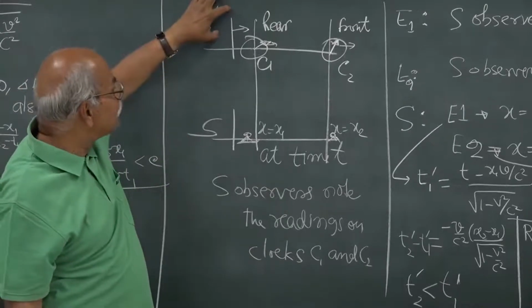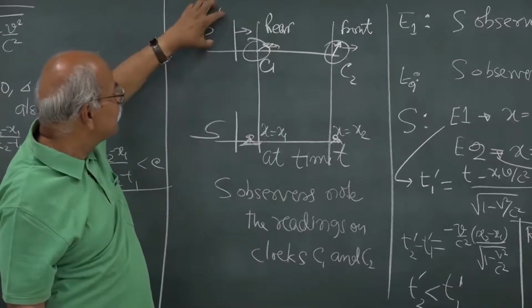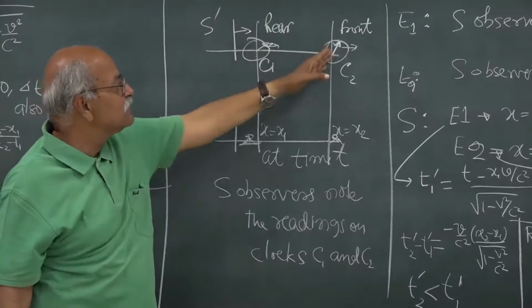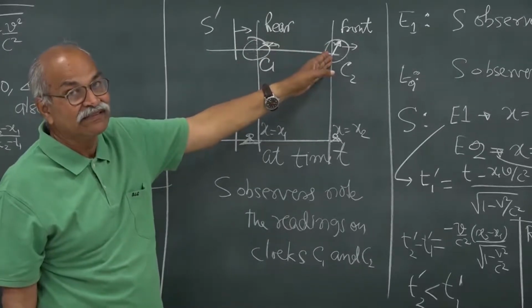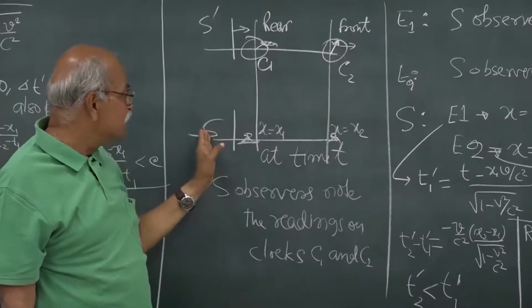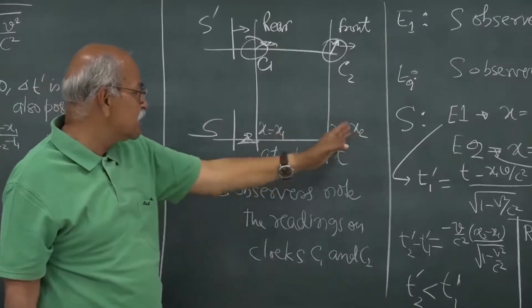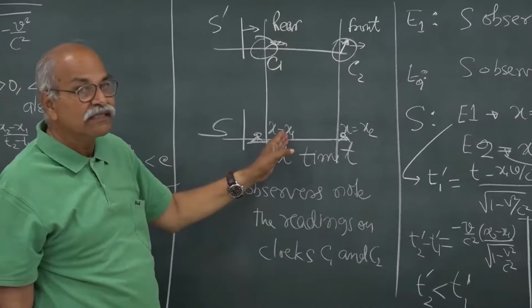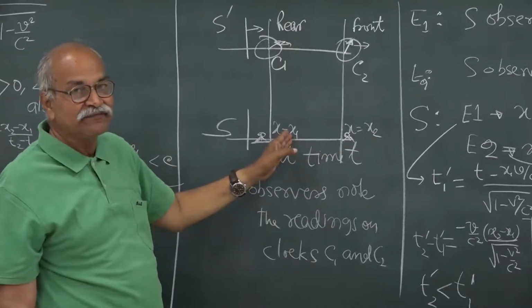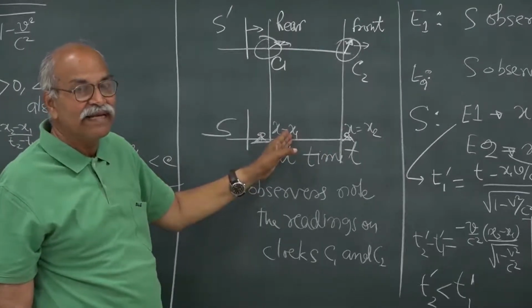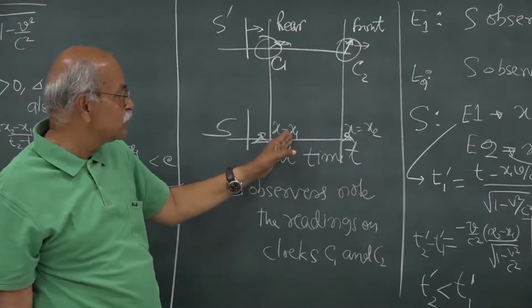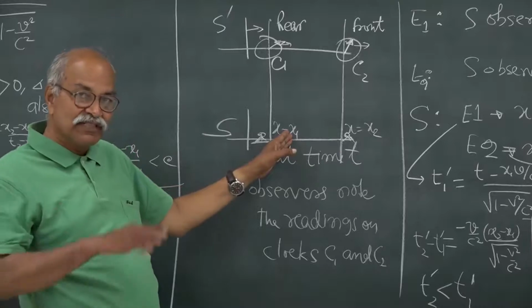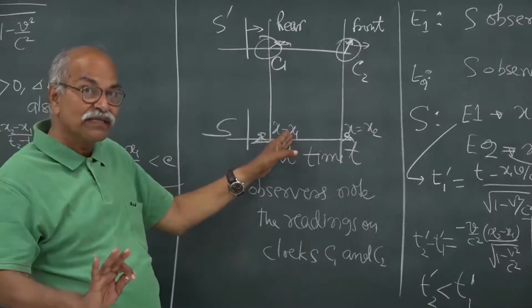So, from S prime, if I ask what is the separation between C1 and C2, that is the rest separation. And from S, I see that the separation is x2 minus x1, that is the moving length. And the moving length is less and the rest length is more, and the factor is once again that square root of 1 minus v square by c square.